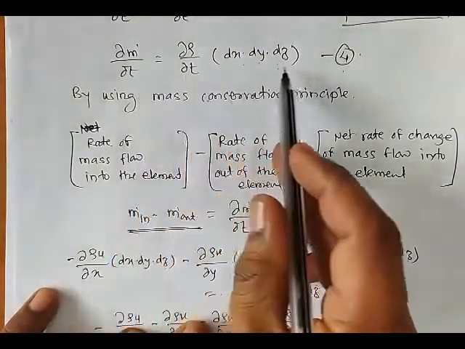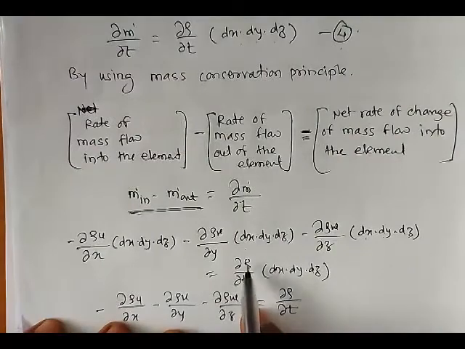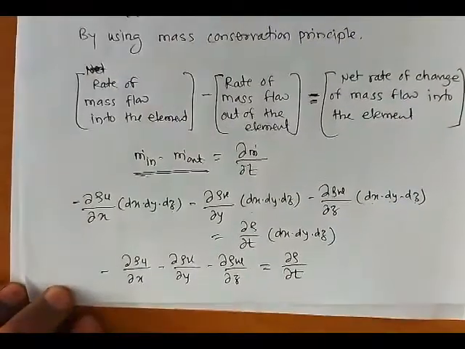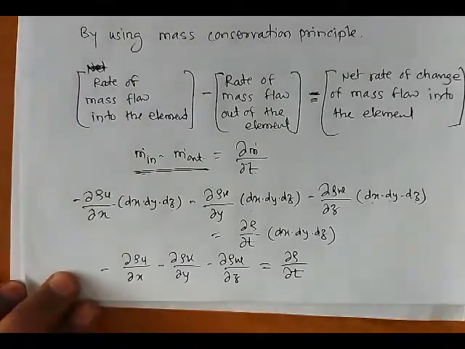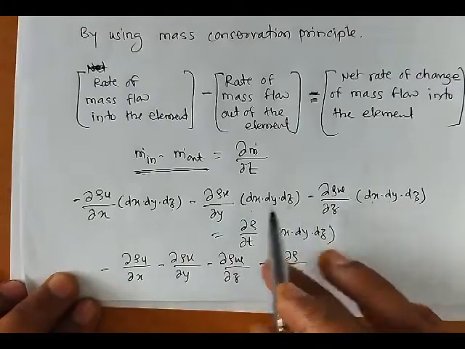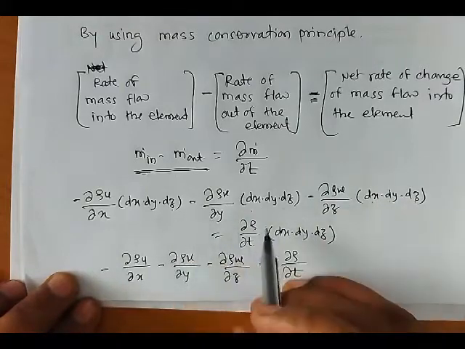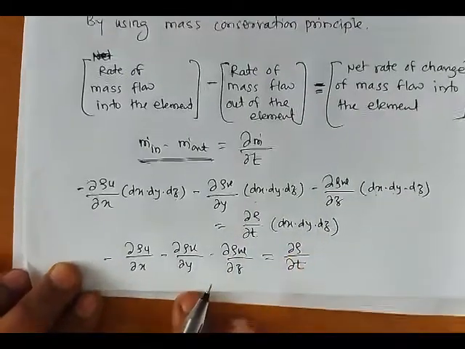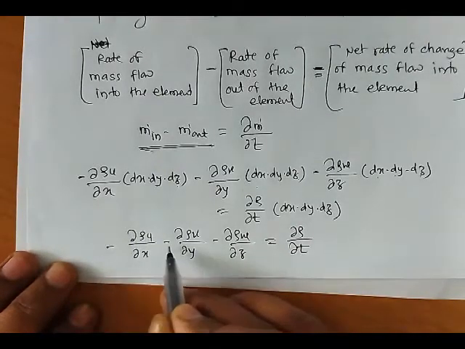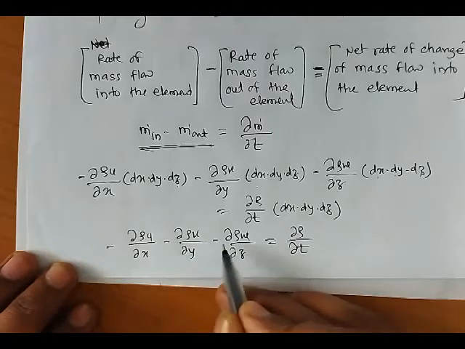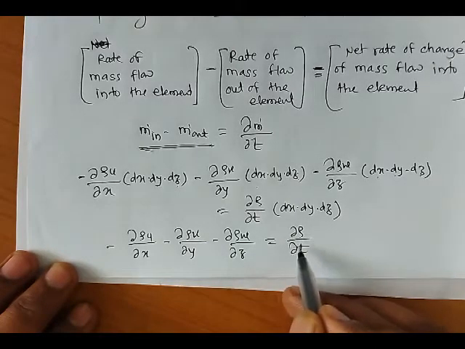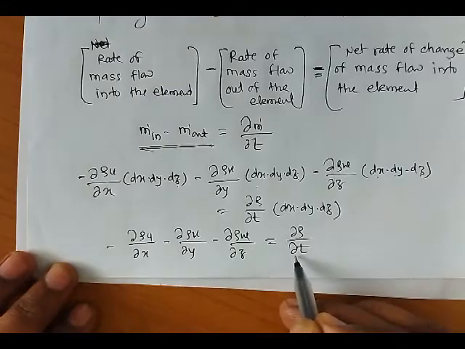So this is from equation number 4. We have substituted here ∂ρ/∂t dx dy dz. After simplification, on the left-hand side and right-hand side we are getting the volume element, so we will divide this equation by the volume dx dy dz. We are simplifying the equation as minus ∂(ρu)/∂x minus ∂(ρv)/∂y minus ∂(ρw)/∂z is equal to ∂ρ/∂t.